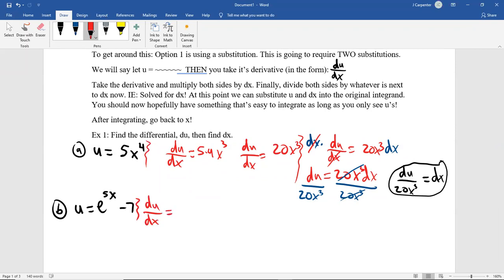E to the 5x, you've got to chain rule that. So it's the derivative of the inside times the whole thing, because it's an exponential. The derivative of an exponential is the derivative of the inside times itself. Old rule. So the derivative of the 5x is the 5, and then you leave the e to the 5x alone. Again, that is an old rule.